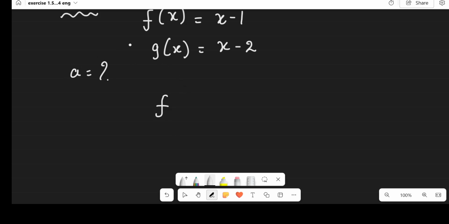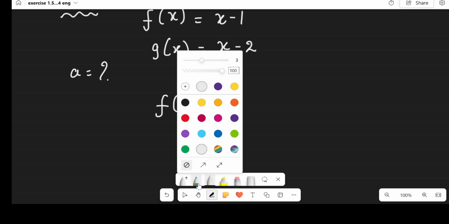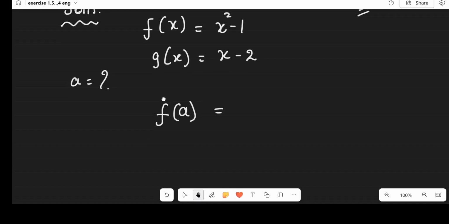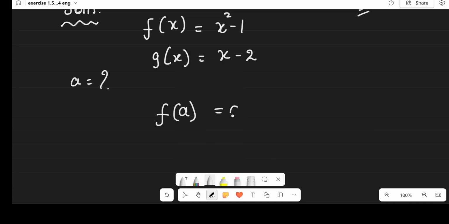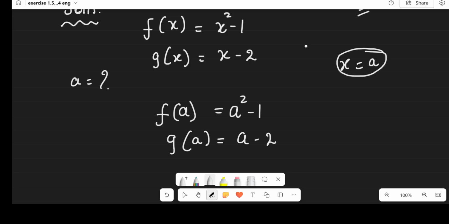By applying a in place of x, we will be getting f of a, right? f of a, here x square minus 1. If you are applying a instead of x, what will we be getting? a square minus 1. Then g of a equals a minus 2. Just here we are applying x equals a.